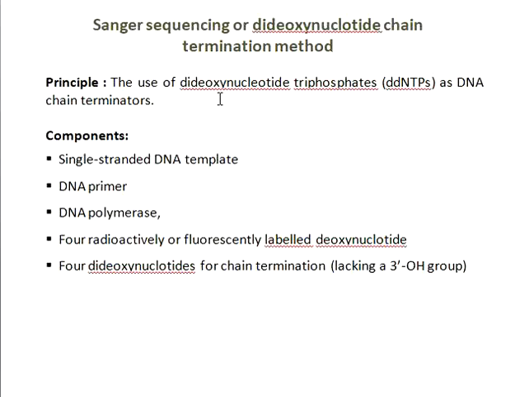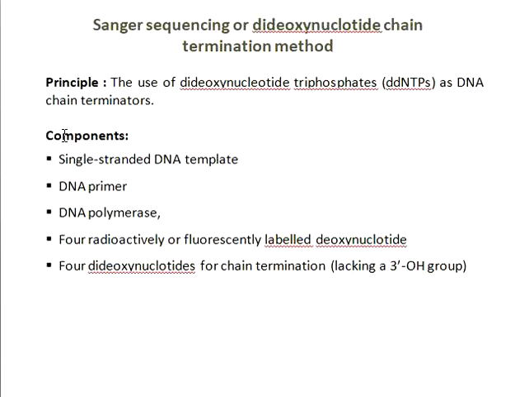Because dideoxynucleotides lack this group, further addition of nucleotides is not possible whenever a dideoxynucleotide gets added within the DNA chain. So based on this, Sanger sequencing determines the nucleotide sequence of DNA during DNA synthesis.